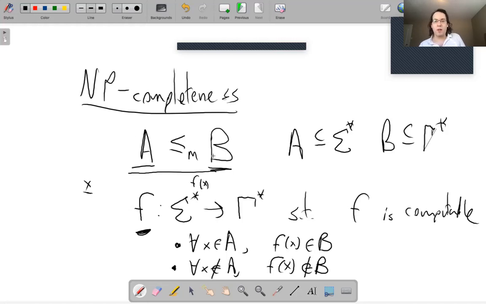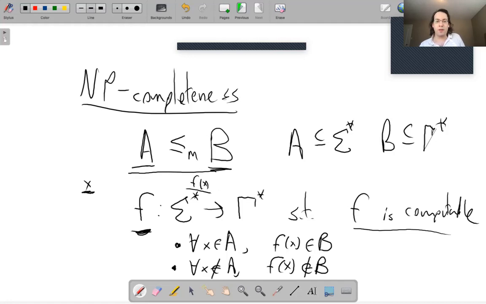Now f is also computable. So if you had an algorithm for deciding B, then you could decide A simply by taking an input x, computing f of x, and then using your algorithm for B to decide whether f of x is in B, and that would tell you whether x is in A. This is called a mapping reduction.